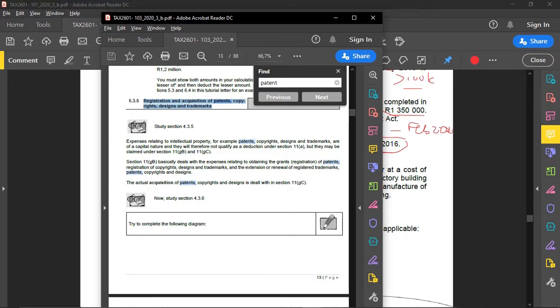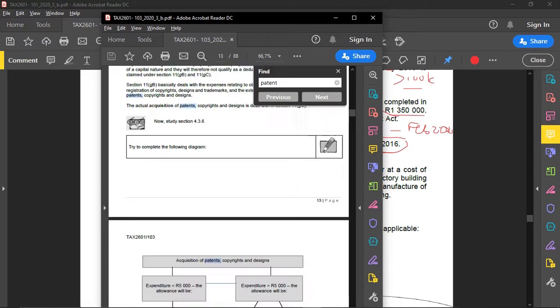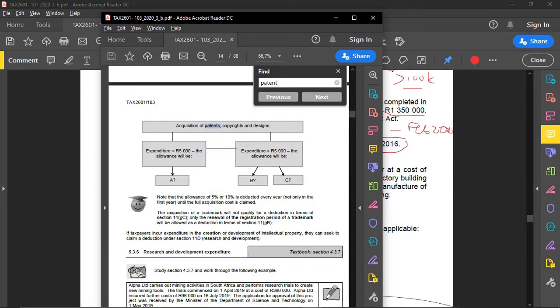So when looking at those deductions, just to show you this, acquisition of patents, copyrights, and designs, you'll see here, expenditure less than 5,000, expenditure more than 5,000, and then they were separated according to the 3 different types in terms of patents, copyrights, and designs.